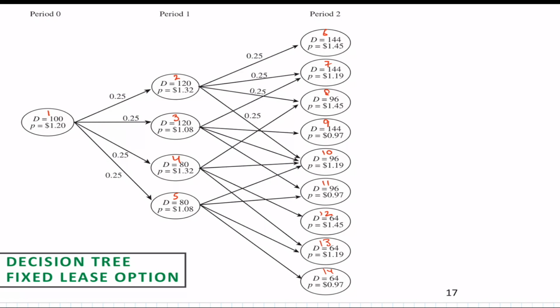So let's do the calculation at node 6. Demand at node 6 is 144,000 units. Out of 144,000, only 100,000 is available, and the remaining 44,000 will have to be purchased from the spot market. But if the demand is less than 100,000, for example in situations like node 10 or node 11, there the manager has to pay the full price.